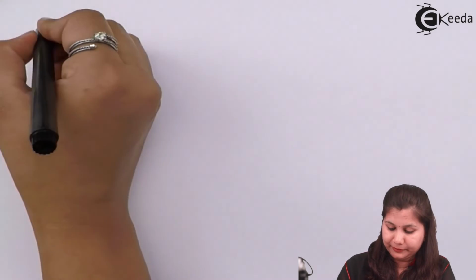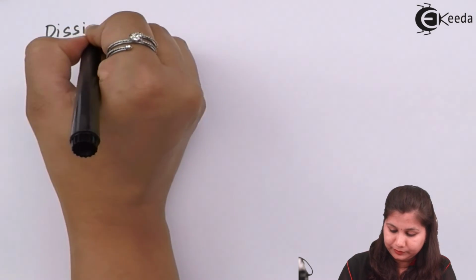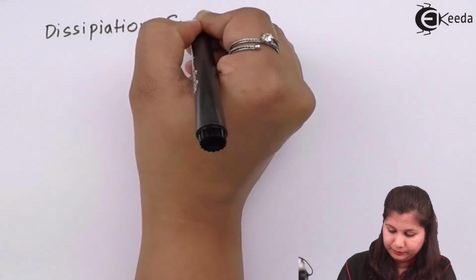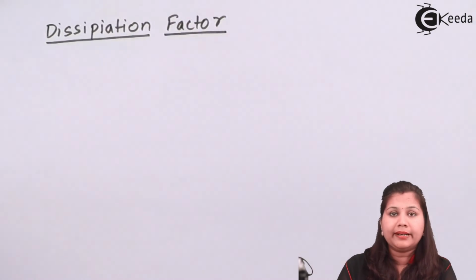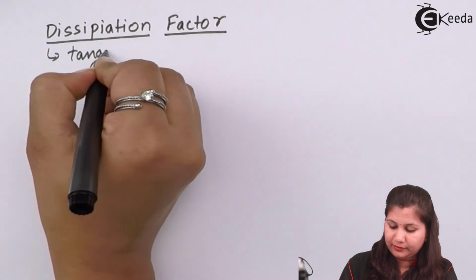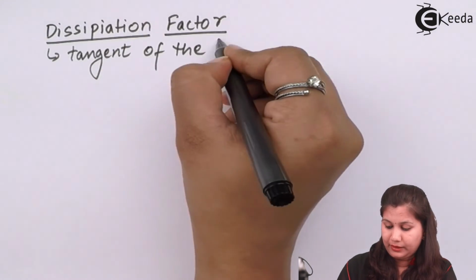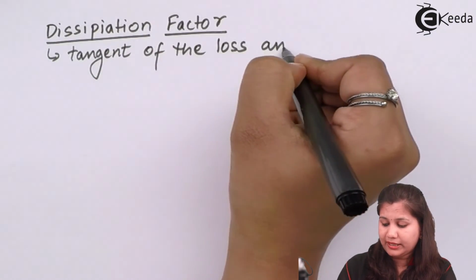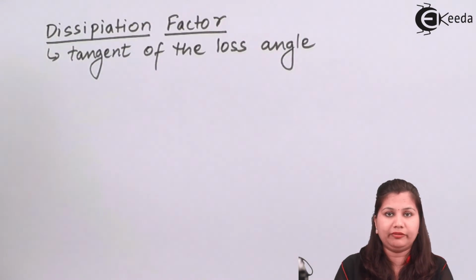Now there is another factor, other than the capacitance, which can be measured through this Sauty bridge, and this factor is called the dissipation factor. Dissipation factor is defined as the tangent of the loss angle. And sometimes we can also say that it is the reciprocal of the quality factor.